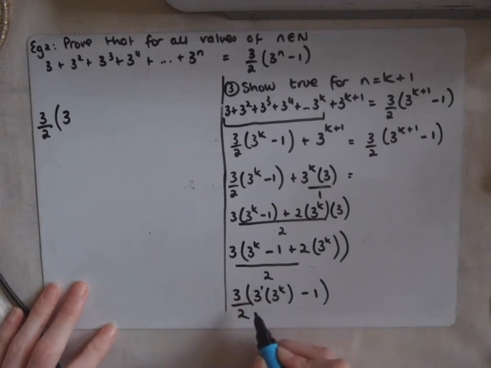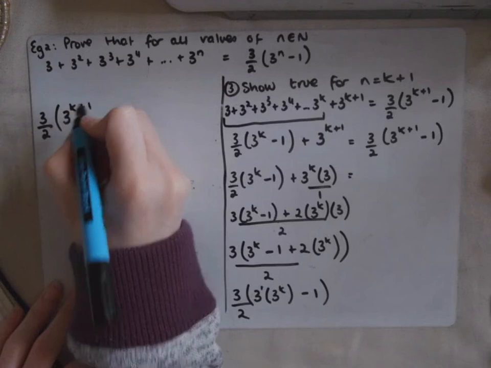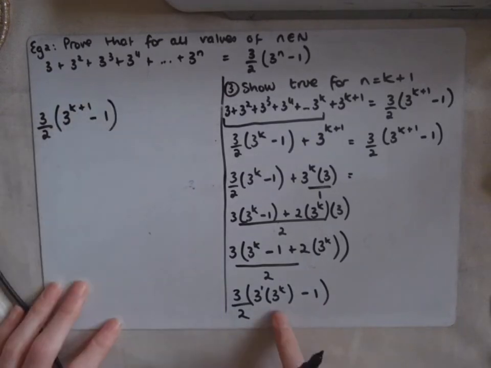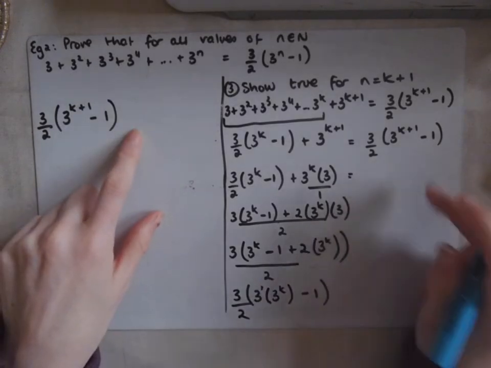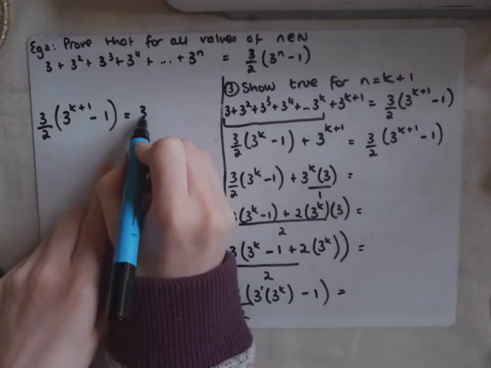So that's 3 to the power of 1 plus k, or 3 to the power of k plus 1 minus 1. And if I look over here on the right, that's what I was actually trying to show.